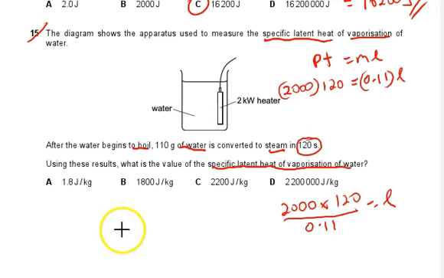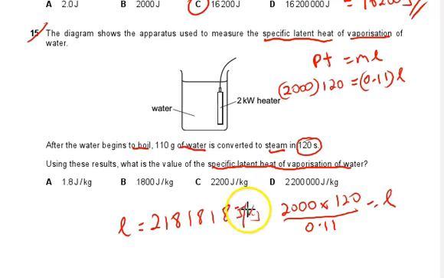This is your latent heat. So this is the answer that I have obtained, and the nearest answer what we are getting here is 2.2 million joule per kilo. Okay, your answer is D here.